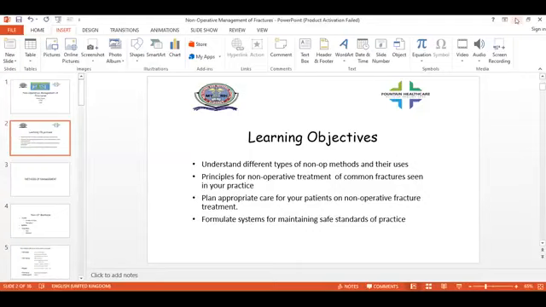Otherwise, in poor hands, complications can be quite high. You end up with stiffness, malunion, and the patient becomes really very dissatisfied.